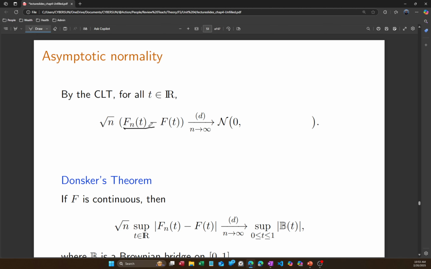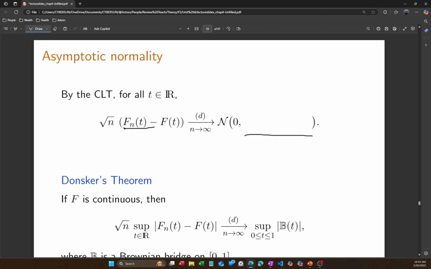Hence, by the CLT, F_n, the average of Bernoulli random variables, and F(t), the expectation of the Bernoulli, lead to a Gaussian distribution with mean zero and some variance. Since this is an average and this is an expectation, it leads to some variance here, and we have to find out what this variance is.